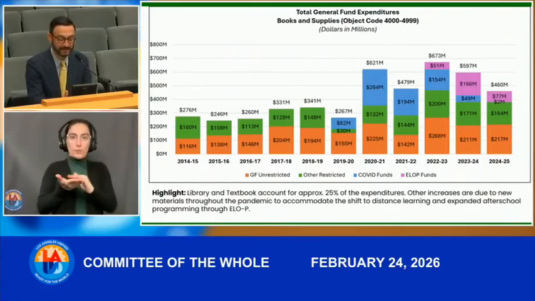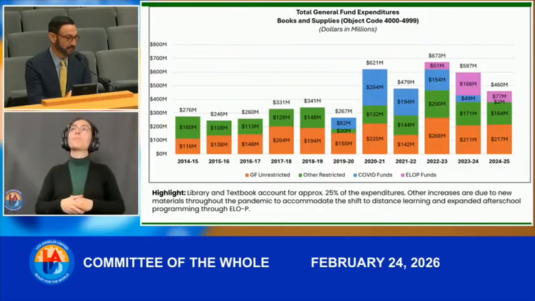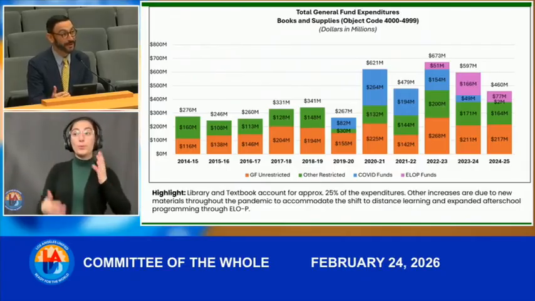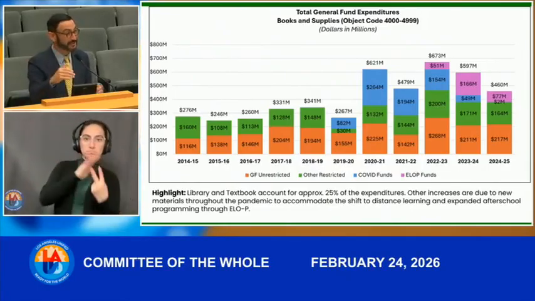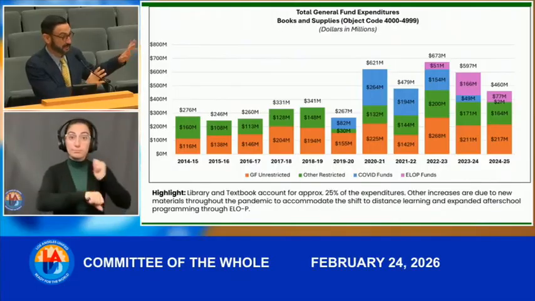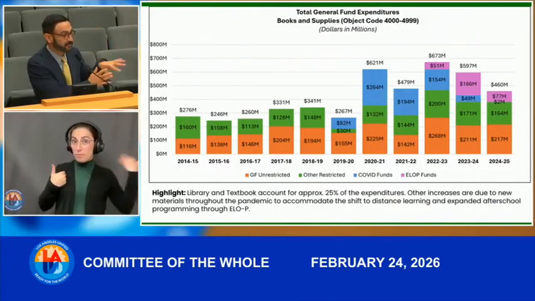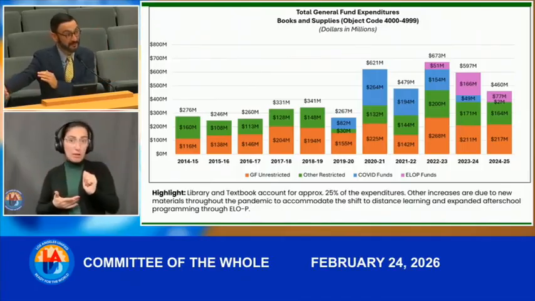But another important factor is that when we come to the board for a first interim report and the second interim report, we're already projecting how much is going to get spent based on the months of expenditures that we already have retrospectively. So when we look at first interim, there's several months of expenditure data that is used to project till the end of June.